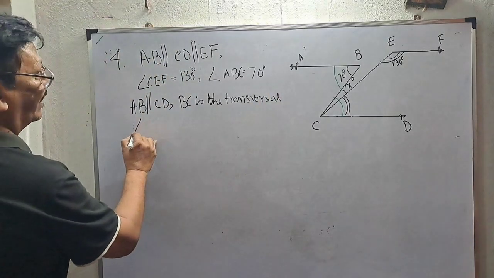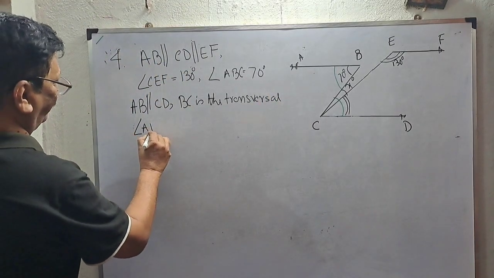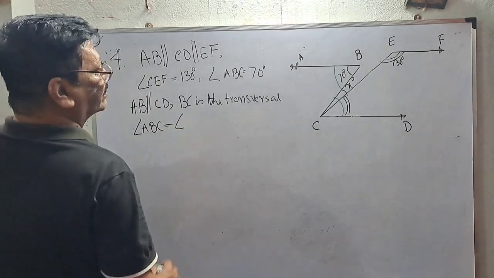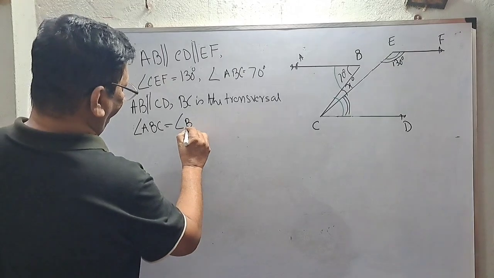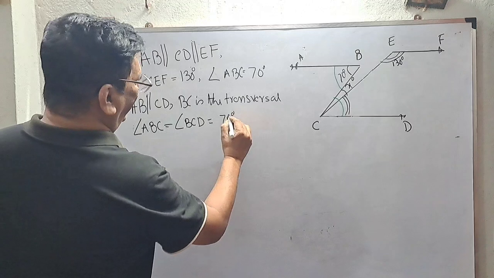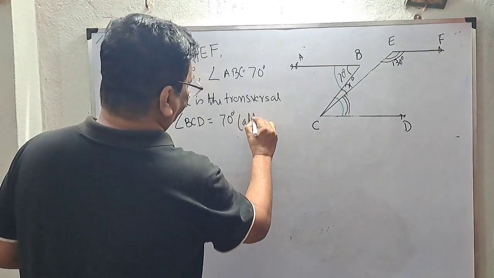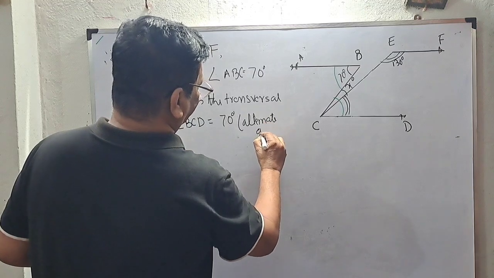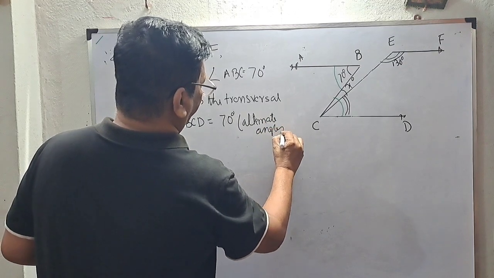Therefore, angle ABC is equal to angle BCD, which is equal to 70 degrees. Why? They are alternate angles. Correct?